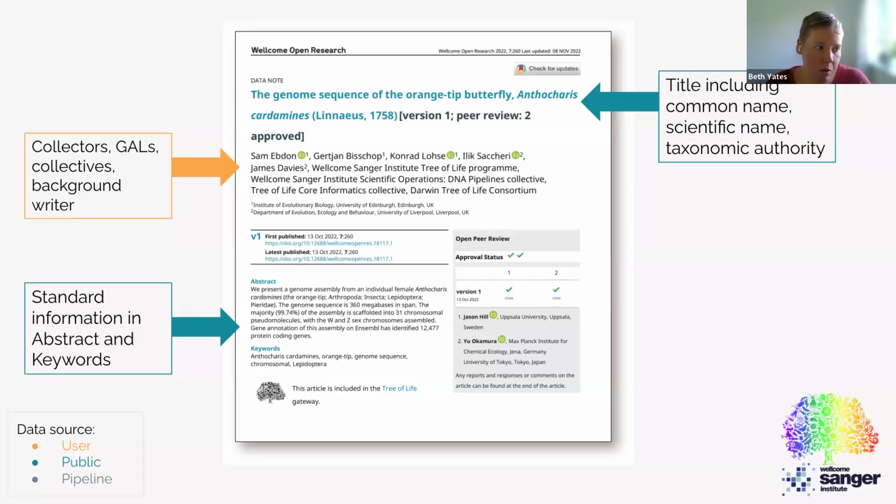They go out and collect the samples and send them in to us, and we do the sequencing. But we need to acknowledge their contributions as part of the genome note. And then the standard information in the abstract and keywords. That's the information that we can gather from different sources and add to the genome note.